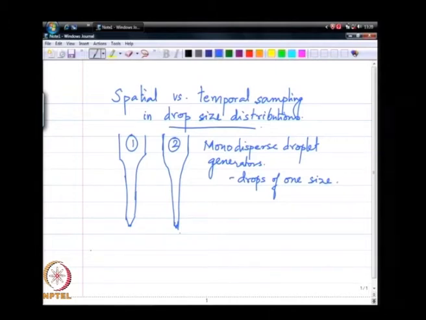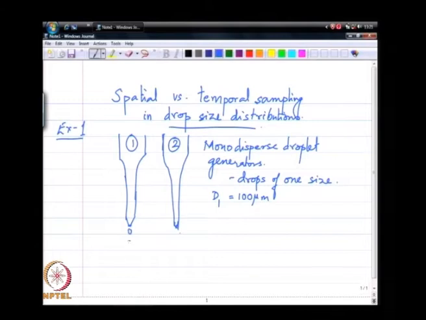Okay, let us say generator 1, and we will just call this example problem number 1 for now. Let us say the droplet from generator 1 is 100 micrometers.